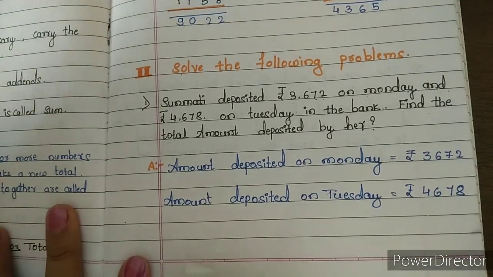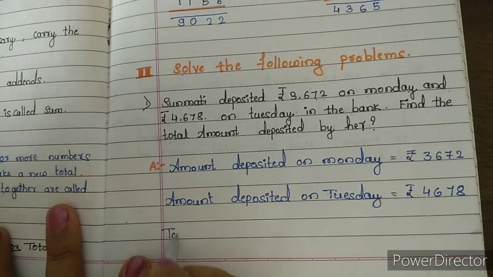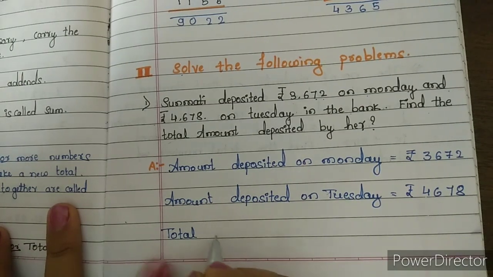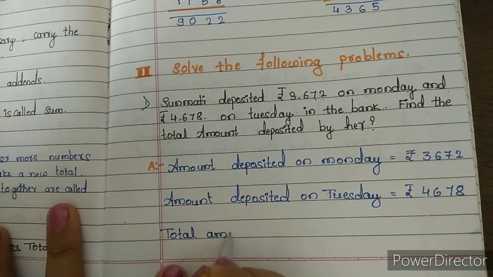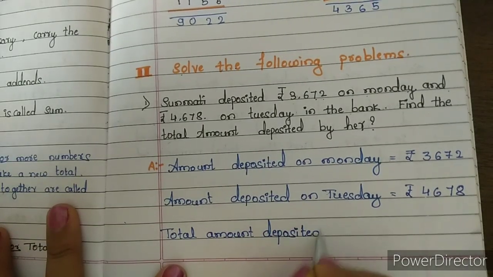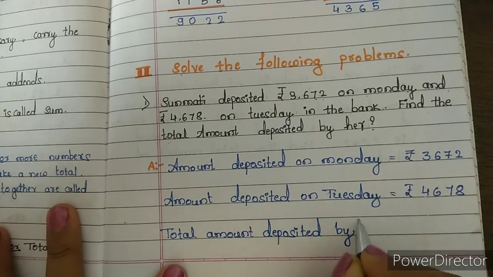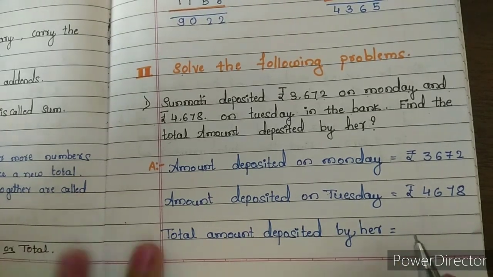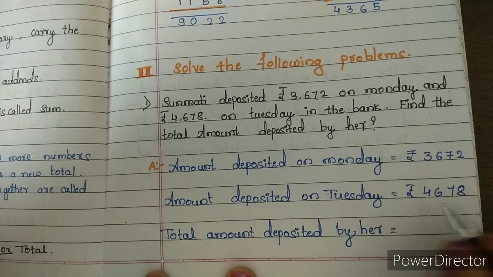Then what should we find out? Find out the total amount deposited by her is equal to. Okay, now what should we do now?